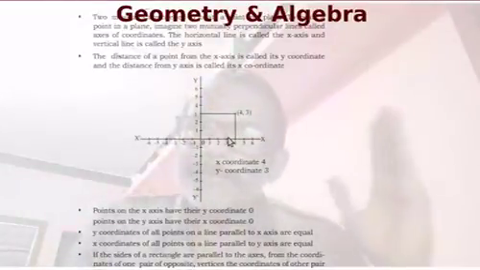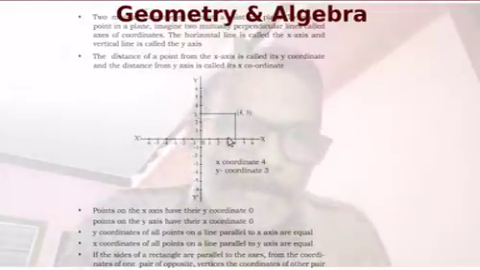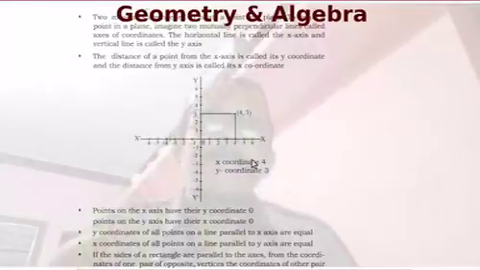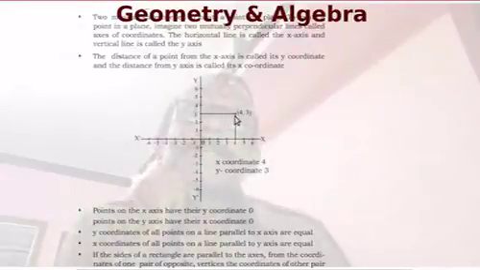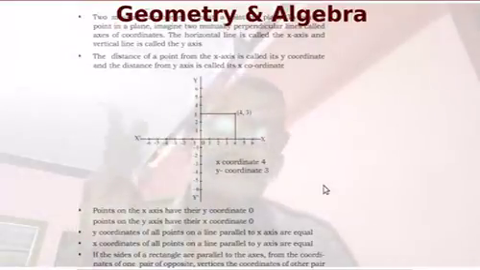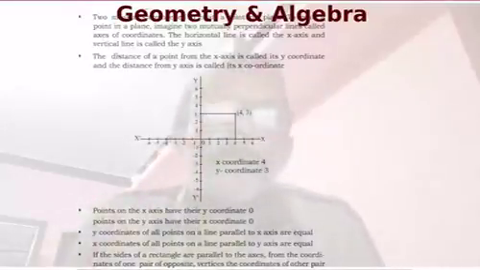So the distance from the y axis is considered the x coordinate, and similarly the distance from the x axis is called the y coordinate. See, this horizontal distance is the x coordinate and this vertical distance is the y coordinate. Okay, this is the main concept of coordinates.